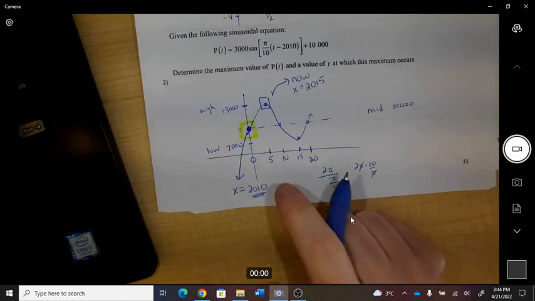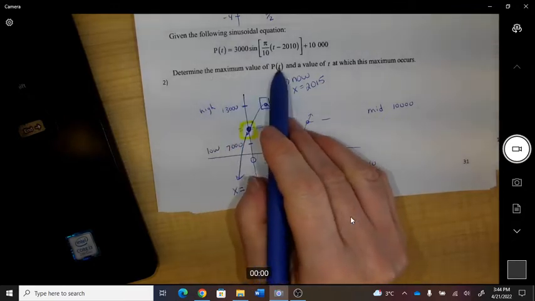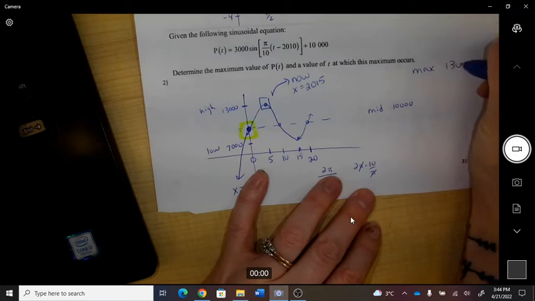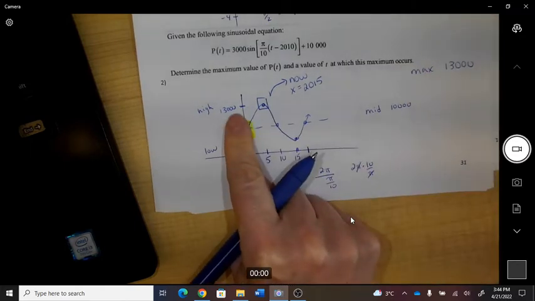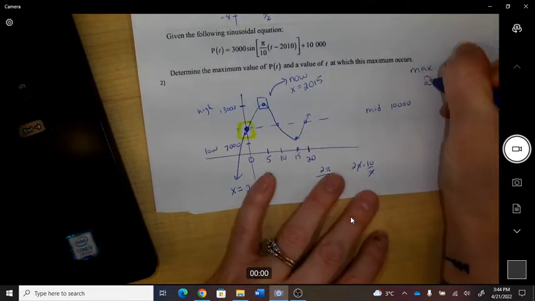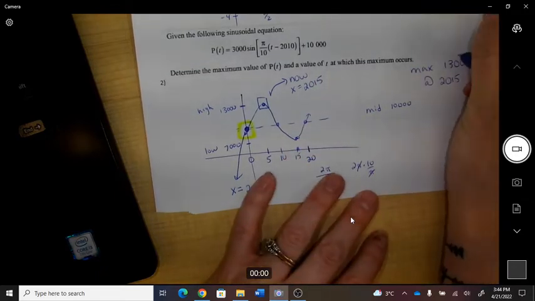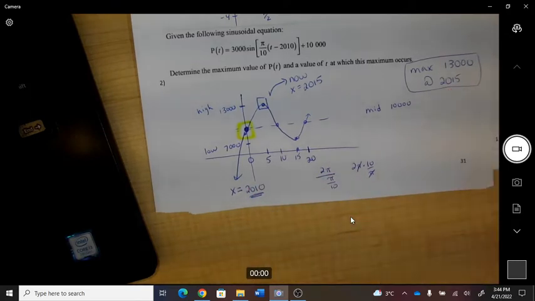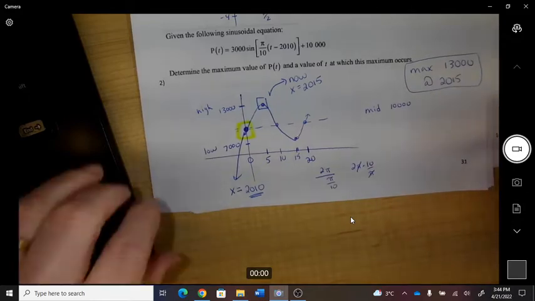So here's the answers to my question. Determine the max. So the max is 13,000. That's the highest height. And determine a value of t at 2015. So there are different answers to that as well, but that would be probably the most common one.